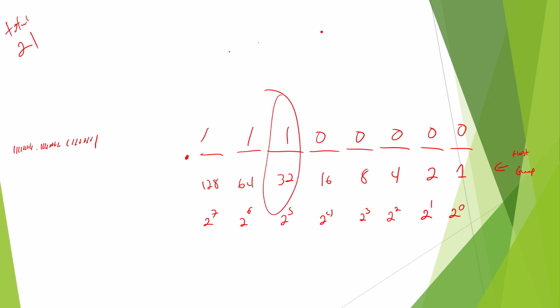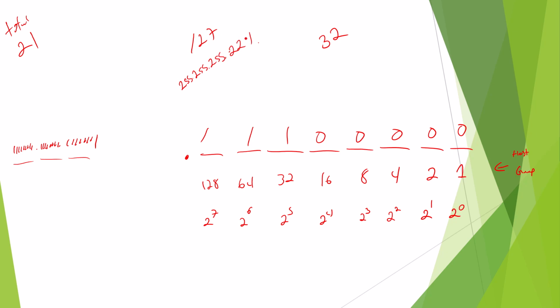Grouping is 32. Subnet is /27. Again, 8 ones, 8 ones, 8 ones, 25, 26, 27, or a 255.255.255.224. 128 plus 64 plus 32 is 224. Again, I've done separate videos explaining the binary math, so I'm not focusing on that.